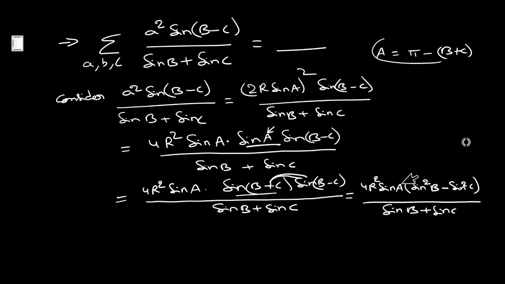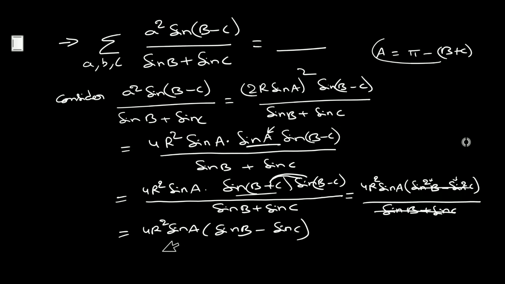Now if you see the numerator, it is of the form a square minus b square. This is a square, this is b square. A square minus b square can be written as (a minus b) into (a plus b). If you cancel one factor, the remaining will be sin b minus sin c. So finally I'll get 4r square sin a into (sin b minus sin c).